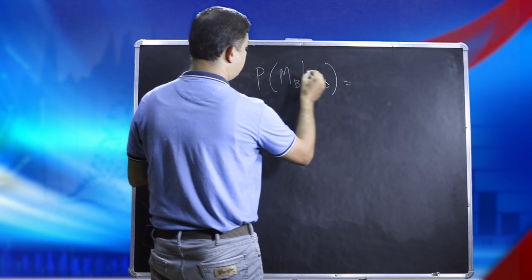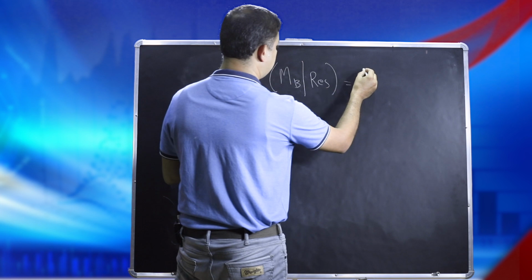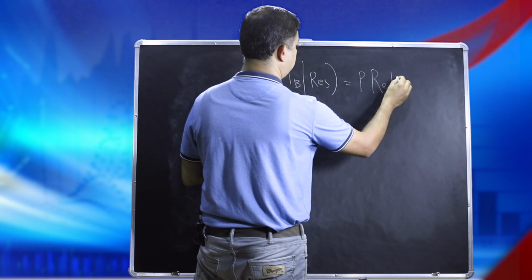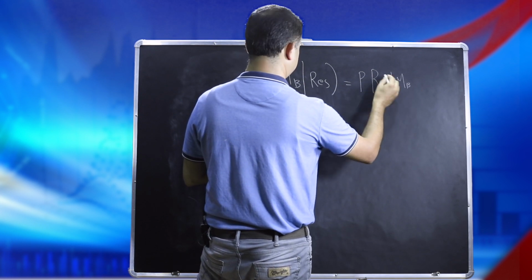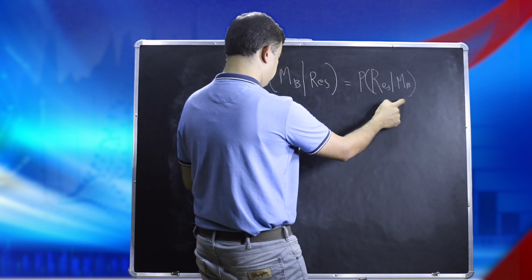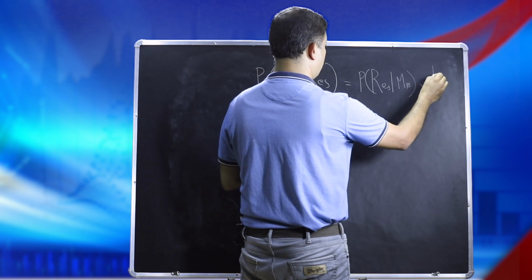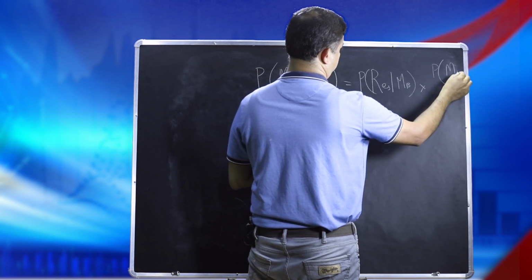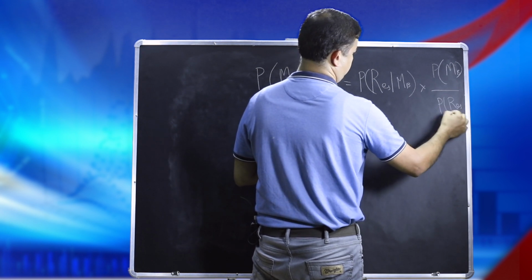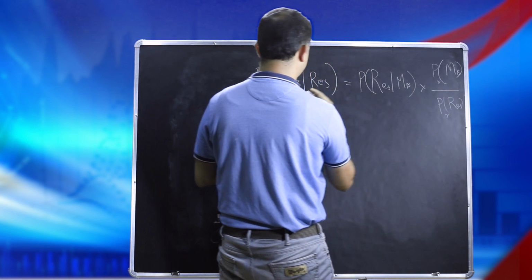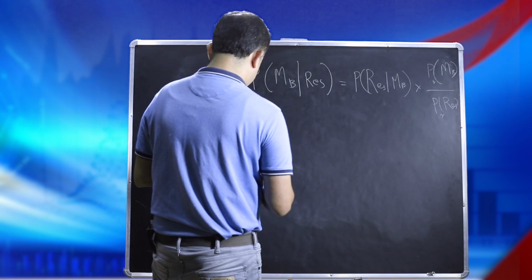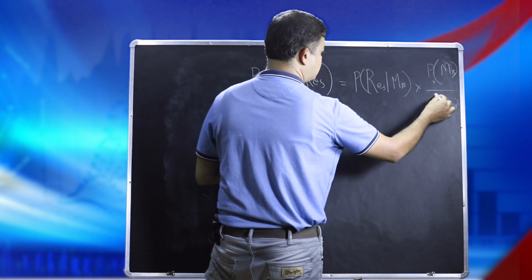That is equal to the reverse, which is the likelihood, the probability of reservation given middle berth, multiplied with the probability of middle berth, divided by the probability of reservation. These are the prior probabilities, while this one is the posterior probability that we are going to find out. The trickiest point here is the probability of reservation.